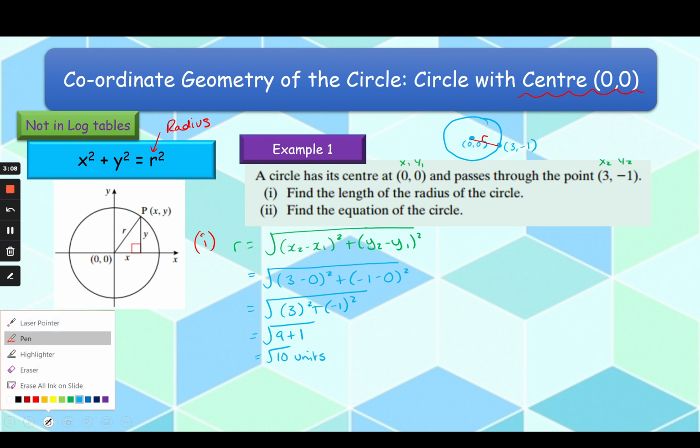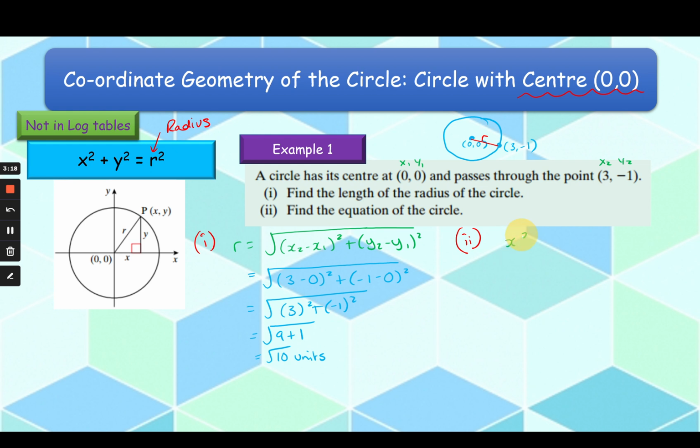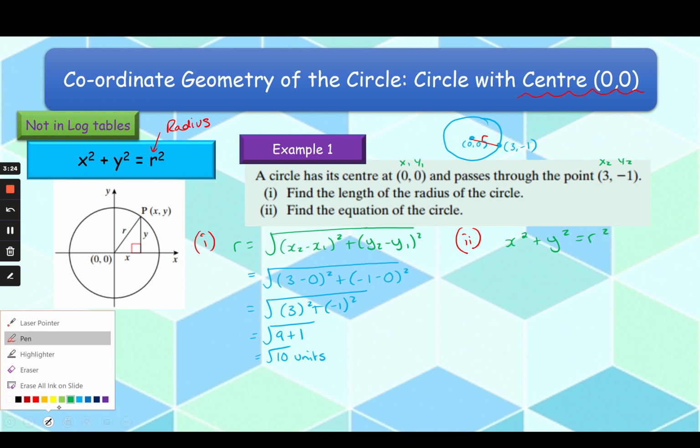Now part 2 says find the equation of the circle. Because I know the center is 0, 0, I'm going to use the formula x squared plus y squared is equal to r squared. x and y stay the same because it's the equation of a circle, so I leave it as x squared plus y squared.